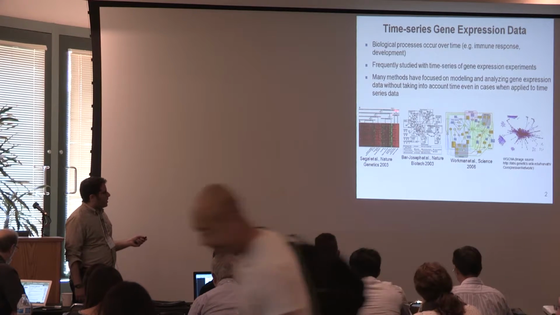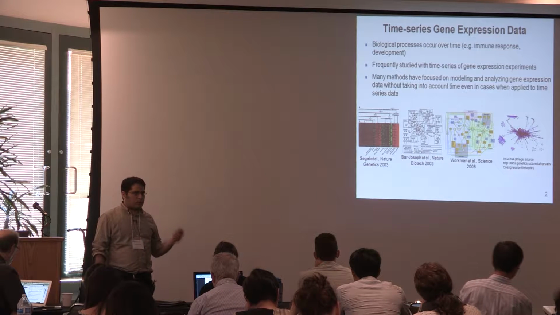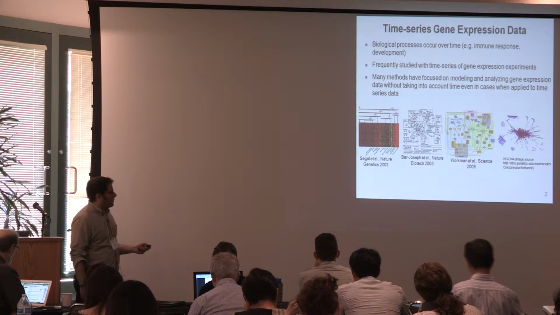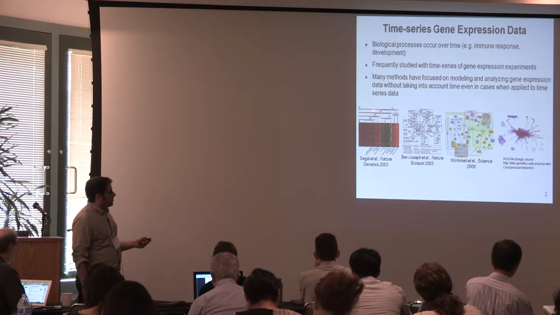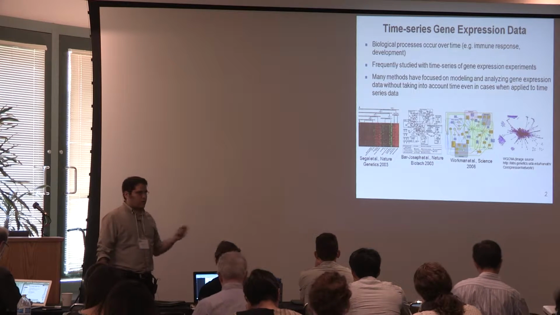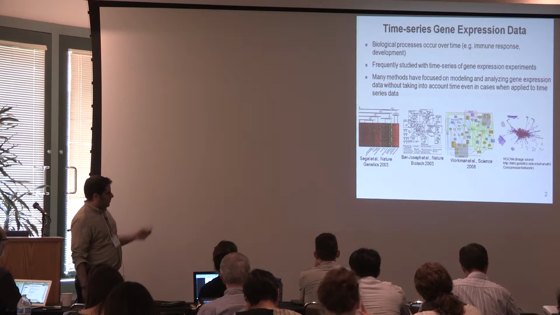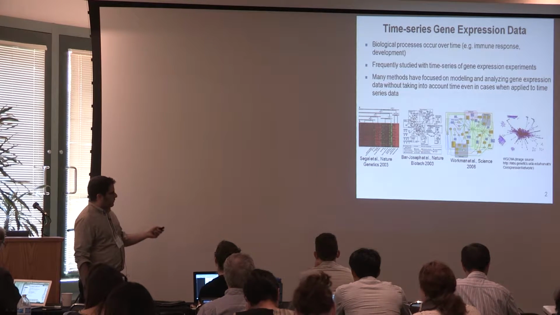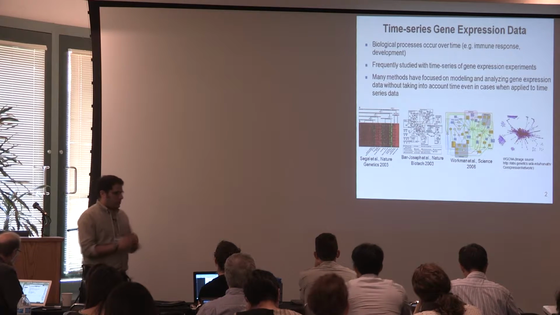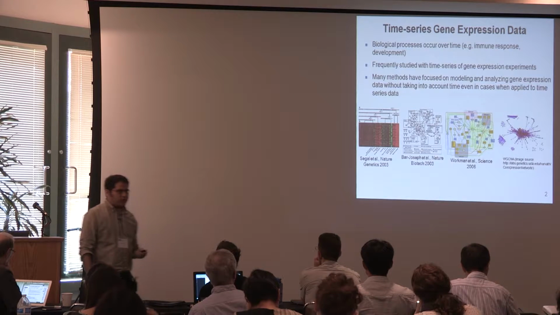In many cases, they have even used time series data to construct these networks or representations, but they've ignored the temporal nature of the data and at the end of the day give you a static representation of the situation. So the work I'm going to show you is some ways you can think about time series gene expression data while preserving the temporal nature of the data.